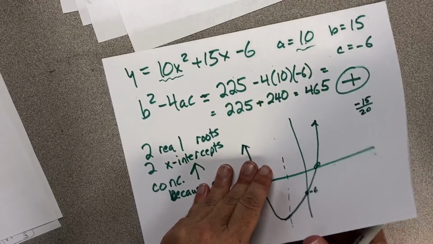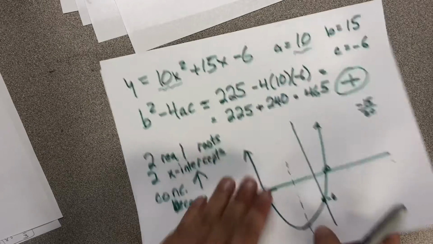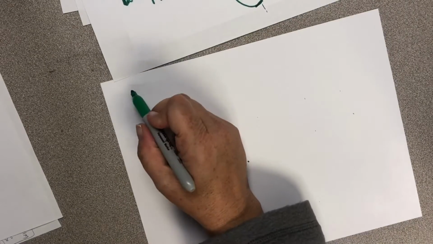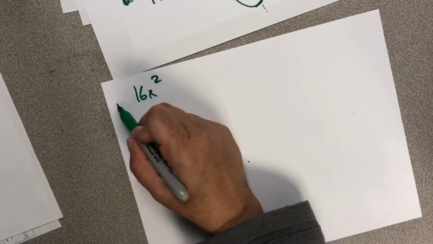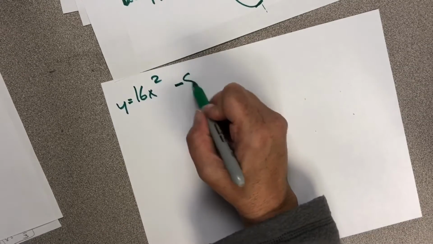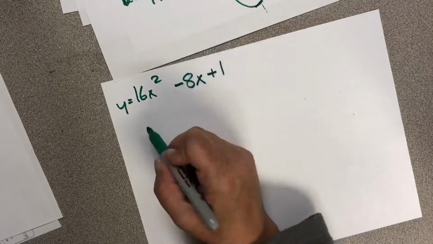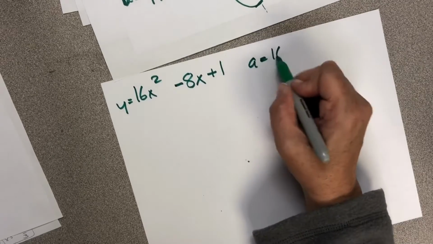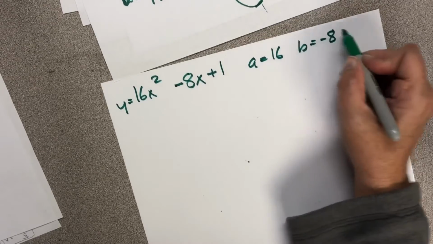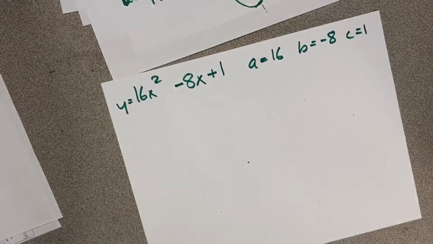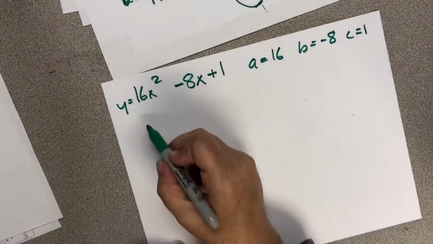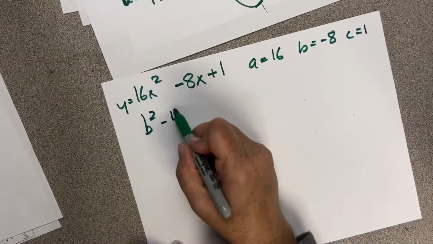And number 8, we have 16x squared minus 8x plus 1. A equals 16, B equals -8, and C equals 1. So I'm going to do the discriminant, b squared minus 4ac.